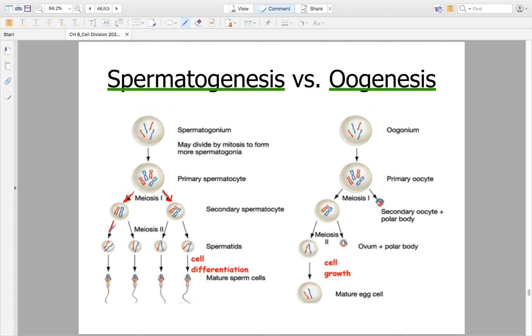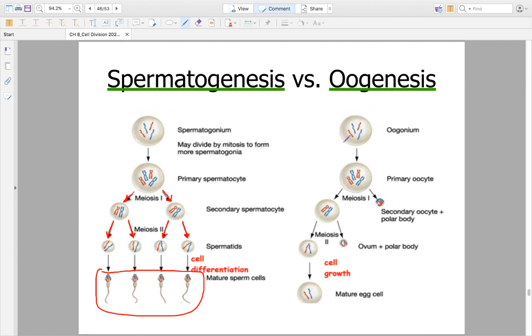And then it'll go through meiosis 2, giving us 4 genetically unique cells. All right, but those are not fully sperm cells, right? So they have to go through a maturation, and then we end up with the 4 sperm that are genetically unique, carrying 23 chromosomes apiece.